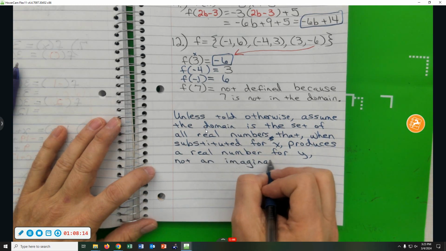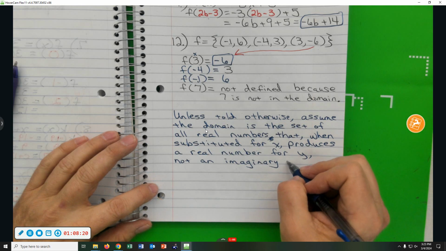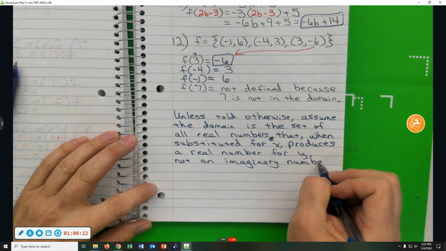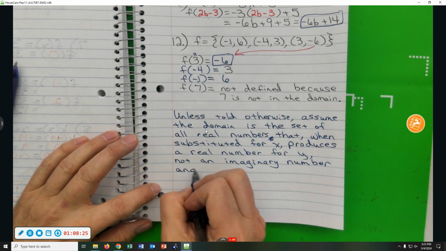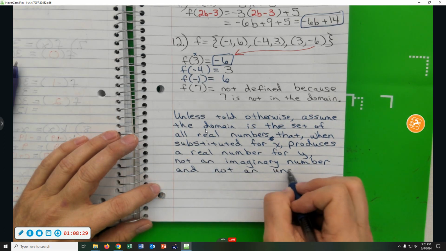So if you plug in 4 and get 2i for a y value, that's unacceptable.